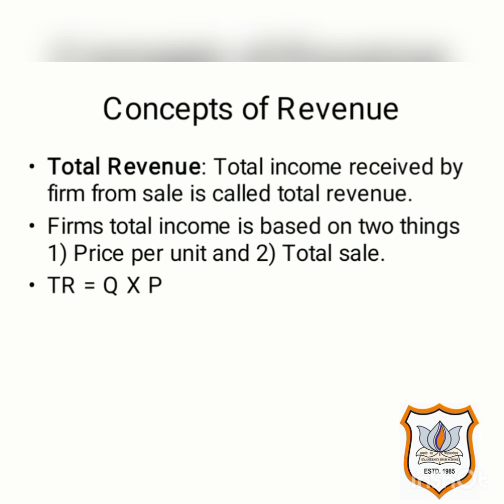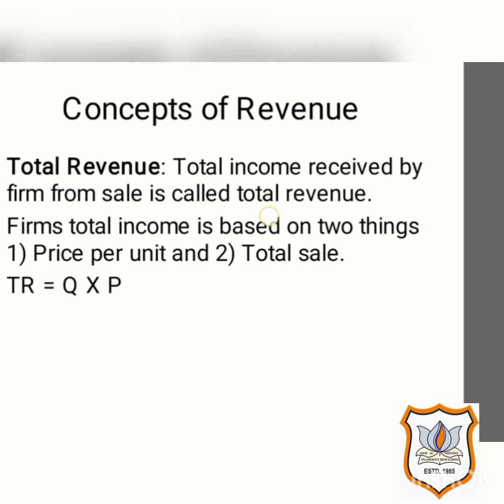Total revenue is equal to Q into P. Q over here means quantity sold and P means price of the commodity or price per unit. So this is how total revenue can be found out. Say for example, if a firm has sold 100 units of a commodity and the price per unit is rupees 50, so total revenue would be 100 into 50, which is equal to rupees 5000.